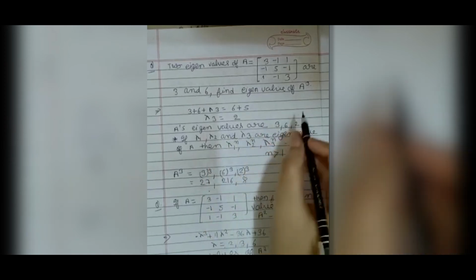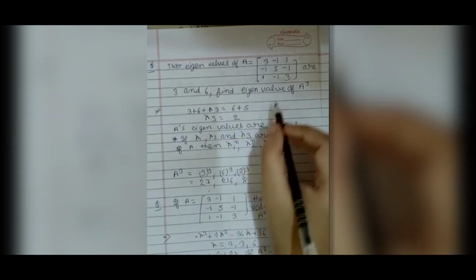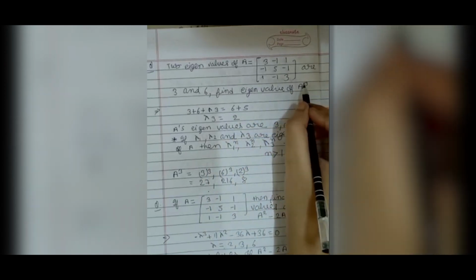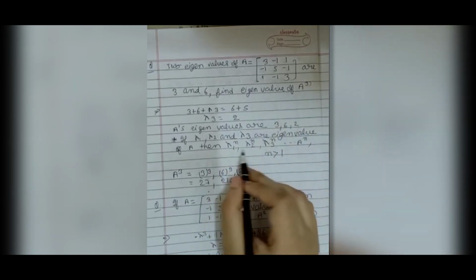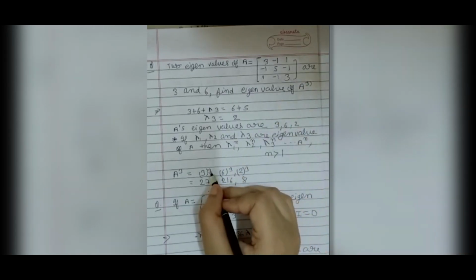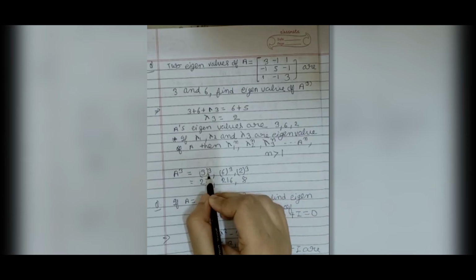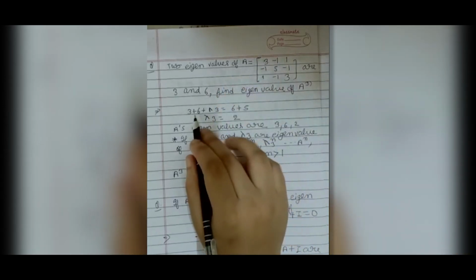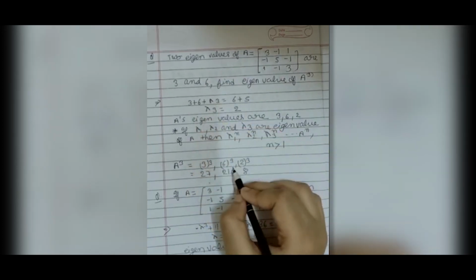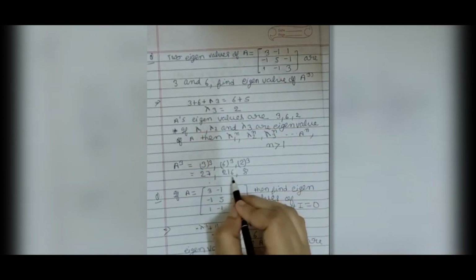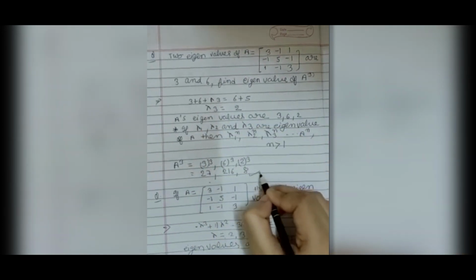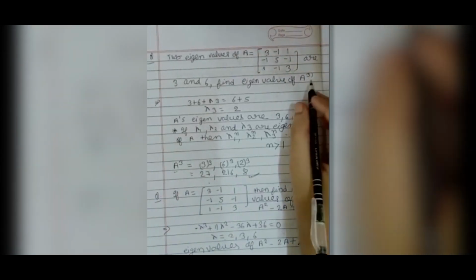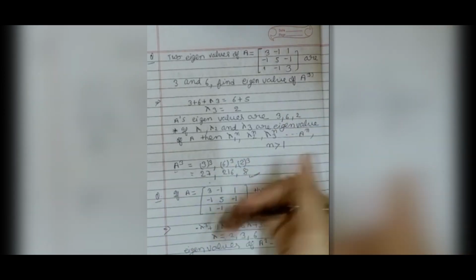Like this, we need to find A cube, so n is 3, so we will take the power 3 of the eigenvalues of matrix A, that is 3 to the power 3, 6 to the power 3 and 2 to the power 3. 27, 216 and 8 are your eigenvalues for A cube. If it would have been A to the power 4, you would have done power 4 on each. So it goes like that.